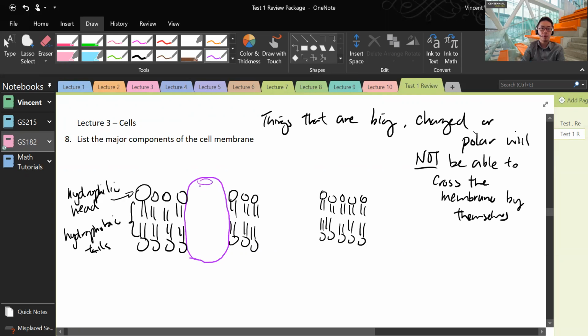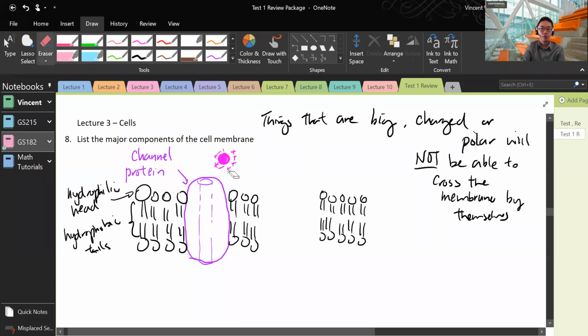That's right. We're going to have transport proteins or membrane proteins, and we can have two types of membrane proteins. We can have the channel proteins. Okay, the channel protein is an example of an integral protein, right? It goes all the way through. And so here we have the channel protein. Okay, so if this is charged, right? Let's put some positive around it.